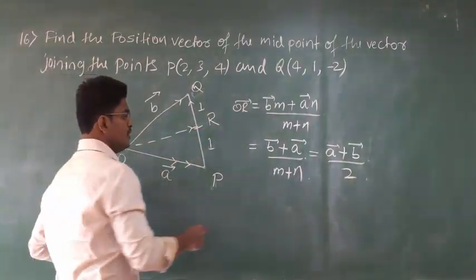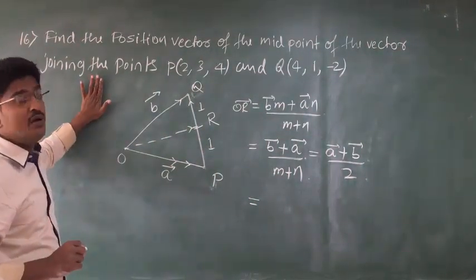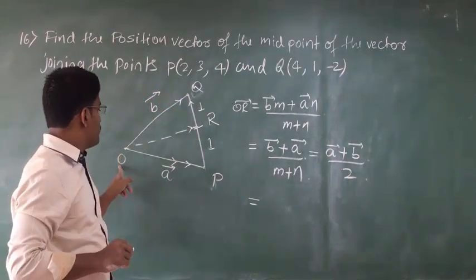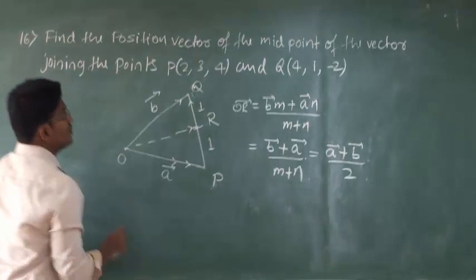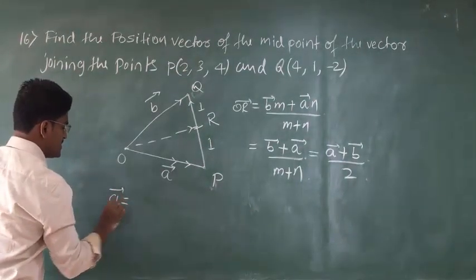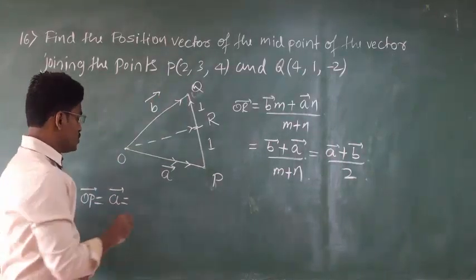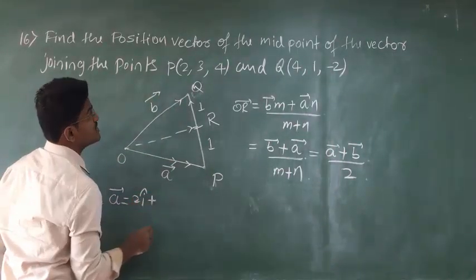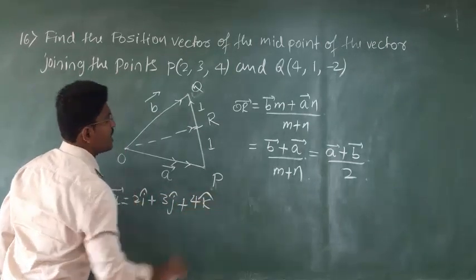Clear? So now if I use it in this problem, vector OP, that is vector A, first you write vector A, that is nothing but vector OP equal to 2i cap plus 3j cap plus 4k cap.